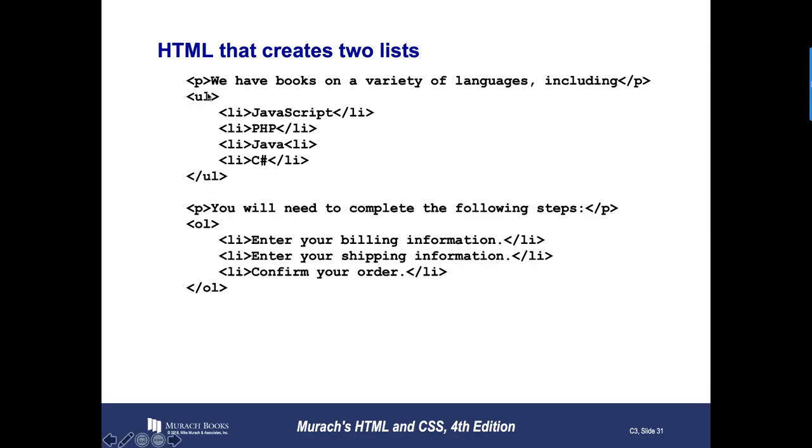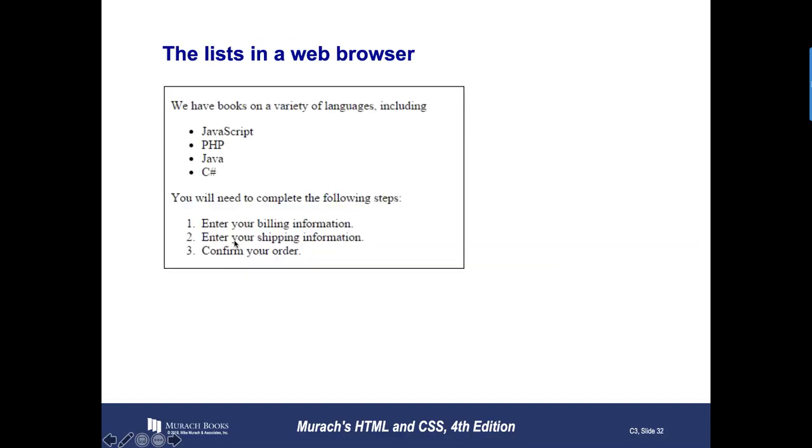So you have the opening tag, the closing tag, and then a set of opening LIs and closing LIs, and that gives you a bulleted list. The next list is called an ordered list, again with inner LIs, and that's going to give you a numbered list. So the first list is a bulleted list, and the second list is a numbered list.